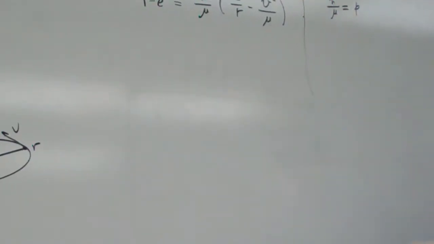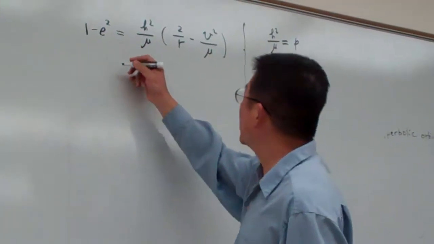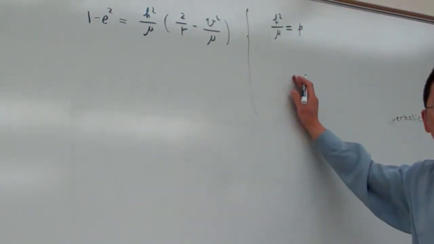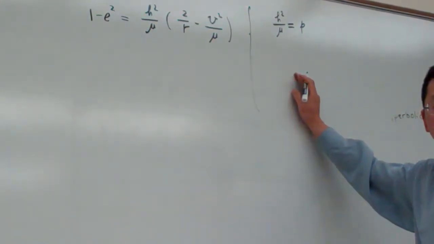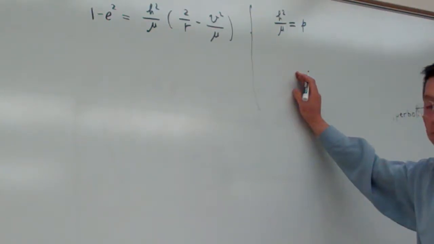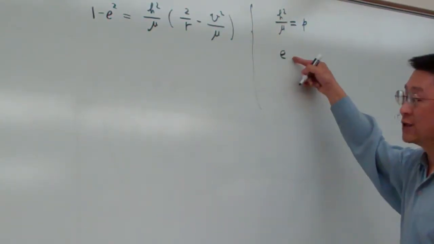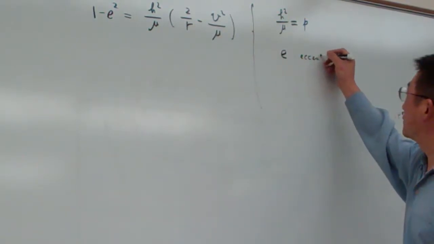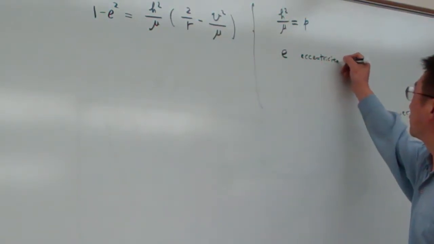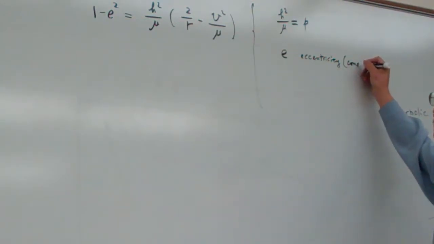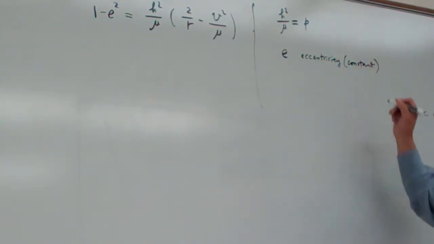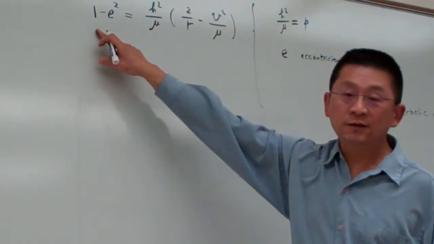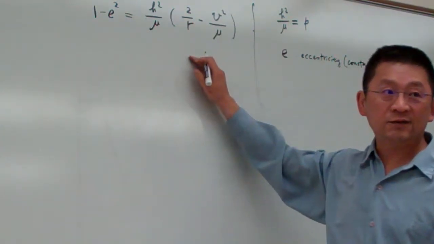Okay. For all orbits, as long as the mechanical energy is fixed, that means the eccentricity must be a constant. So the left-hand side is a constant, which means the whole equation is a constant.